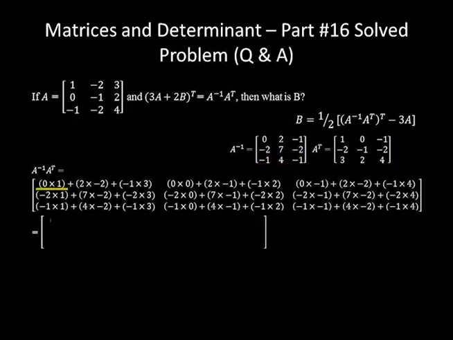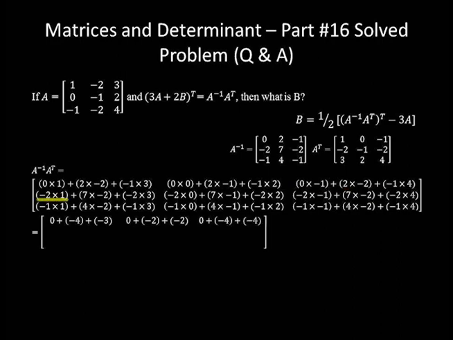0 times 1 is 0 plus negative 2 times 2 is negative 4 plus negative 1 times 3 is negative 3. 0 times 0 is 0 plus 2 times negative 1 is negative 2 plus negative 1 times 2 is negative 2. 0 times negative 1 is 0 plus 2 times negative 2 is negative 4 plus negative 1 times 4 is negative 4.